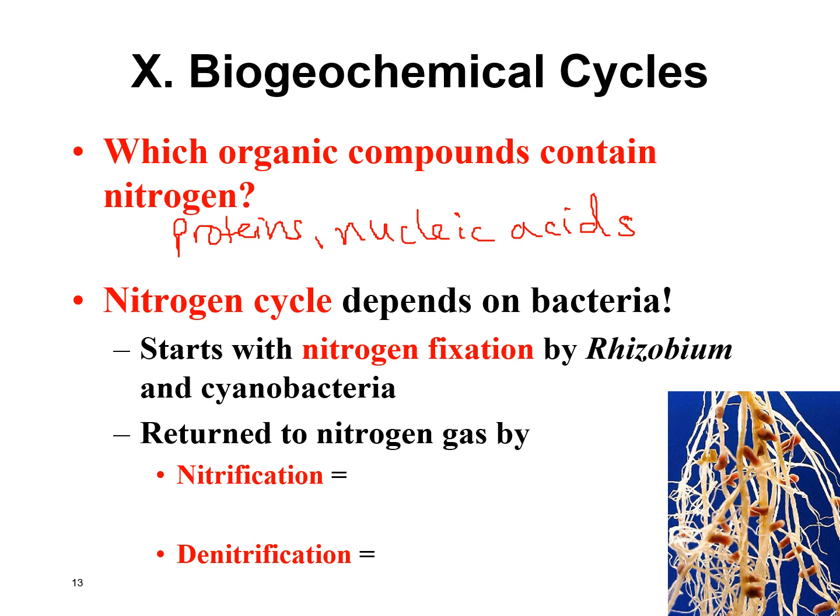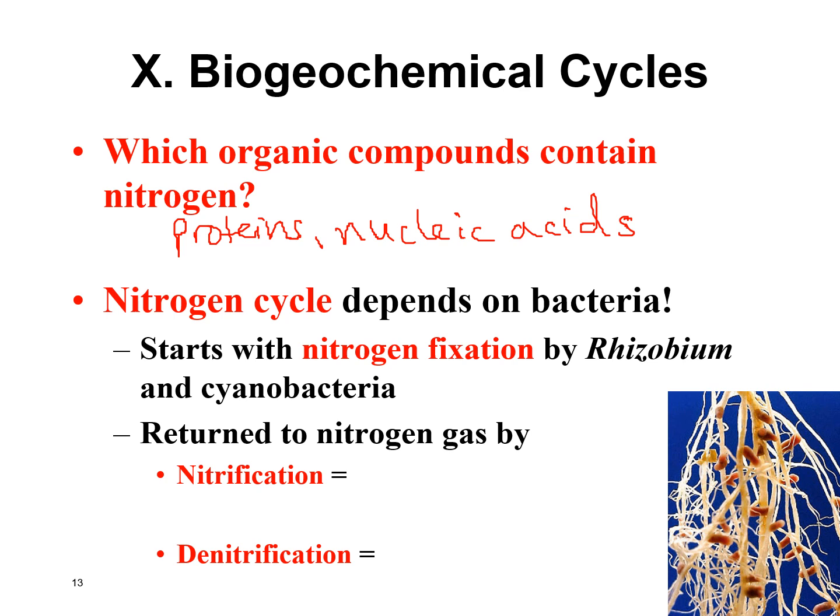So it's going to start with nitrogen fixation, which is where we've got some different types of bacteria. We talked about the rhizobium bacteria, which live in the root nodules of the legume plants. And also cyanobacteria can also do nitrogen fixation as well.